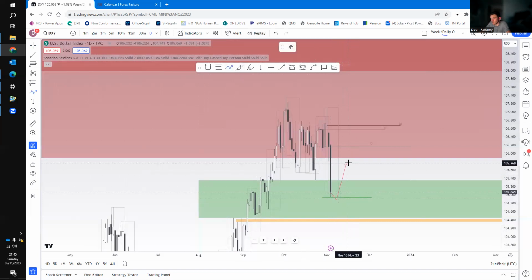Potentially up in here, so it could either be, once we hit this level, we could be up, or we could then come down again. So this is a level I would like to see traded to, and then we'll see how things go.